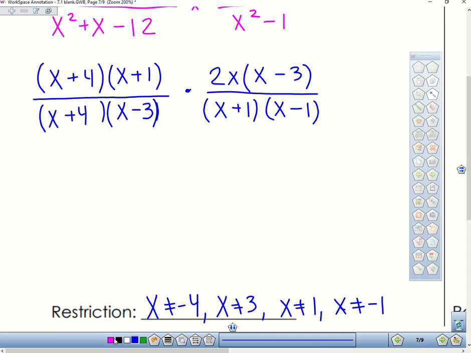Now you just simplify by first simplifying each fraction individually. So cancel what can be canceled. Looks like we only have one thing that we can cancel. And then multiply across. So just rewrite it as one big fraction.